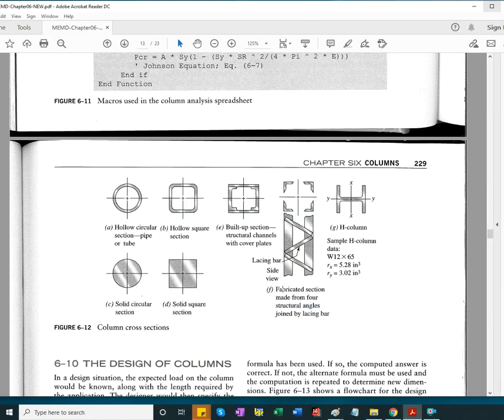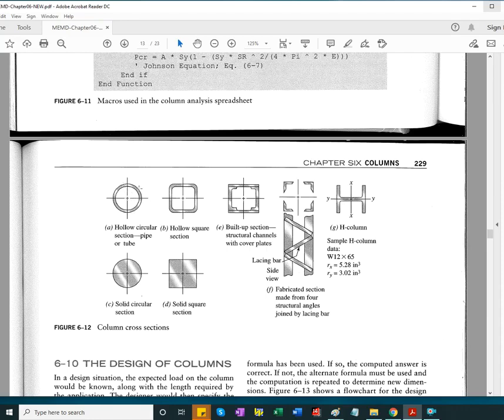But in general, the cross sections that are good when designing with columns, machine elements subject to compressive loading: tubular section is one. Columns for buildings supporting roofs and upper floors, they're round.